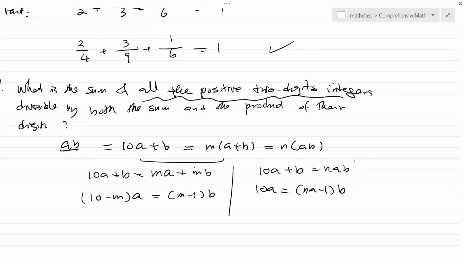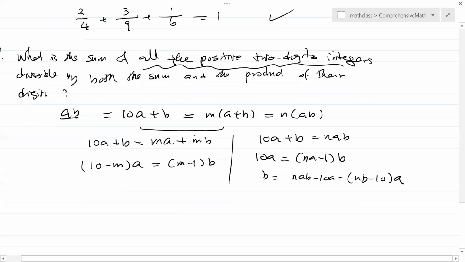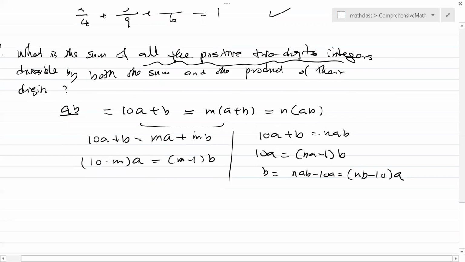And you can also get from this NAB minus 10A, so you take A out. Anyway, from those identities, you can modify, simplify, and continue. Okay, so that's my hint, to think about the possible values.